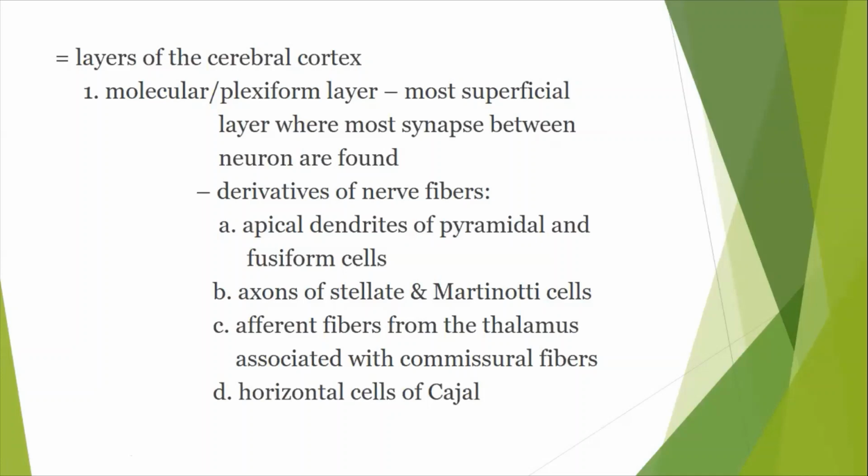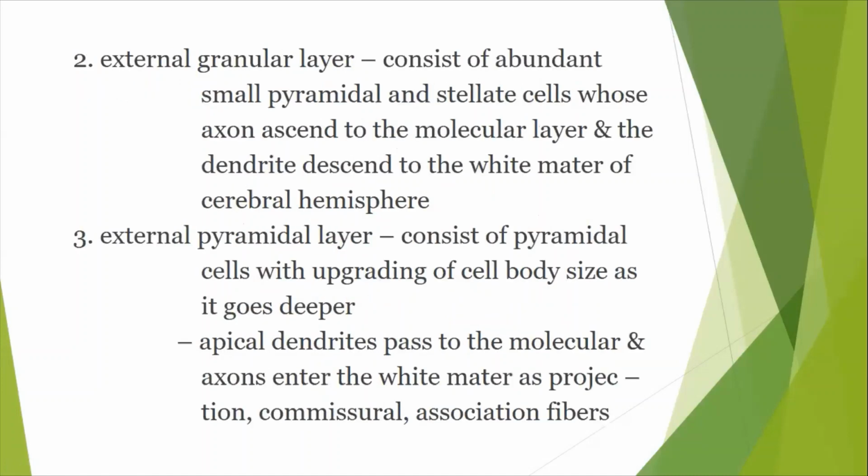In this layer you will see the apical dendrites of the pyramidal and fusiform cells, the axons of stellate and Martinotti cells, the afferent fibers from the thalamus associated with commissural fibers, and the horizontal cells of Cajal.